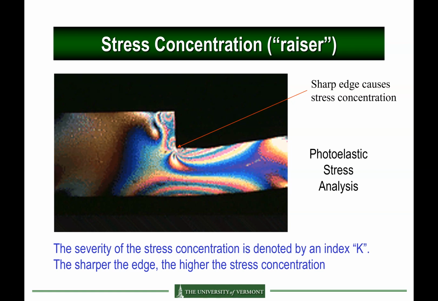And so from solid mechanics, we can characterize the stress concentration as a stress concentration factor, which is the ratio of the maximum stress in this region divided by the nominal stress applied to the structure.